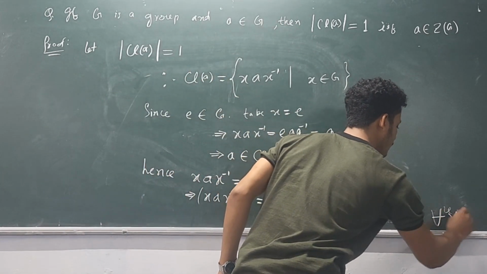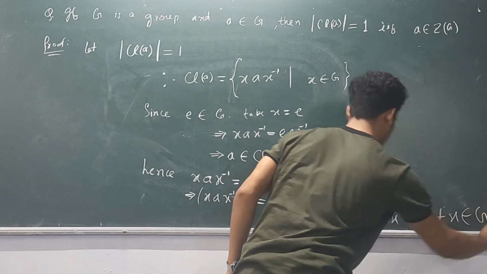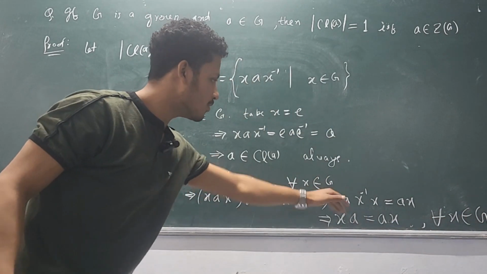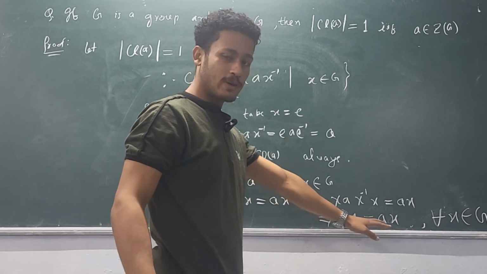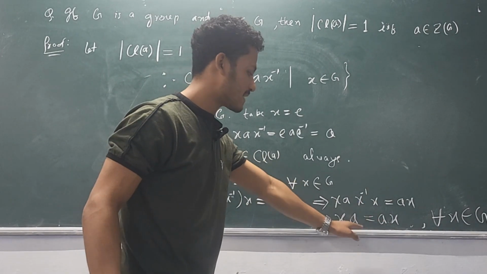For all X belongs to G, AX is equal to XA.